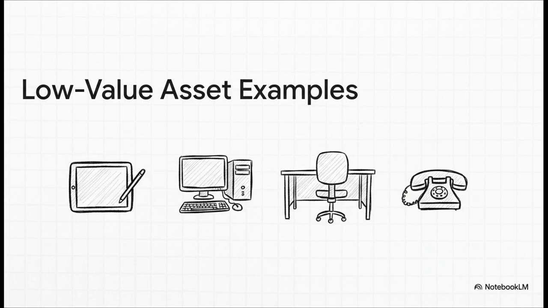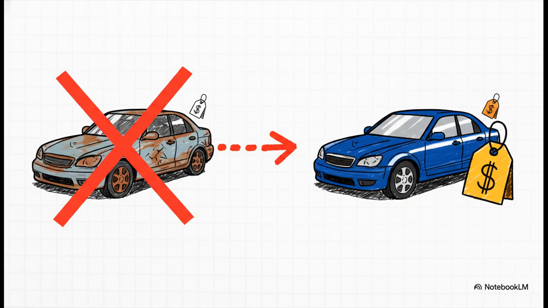Think of things like the items you see here: tablets, personal computers, basic office furniture, phones. The standard basically recognizes that it's just not worth the time and effort to go through all the motions for a $50 desk phone. And here is the single most important rule for this exemption. You have to remember this.